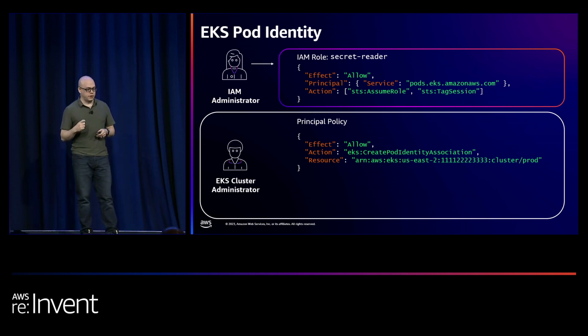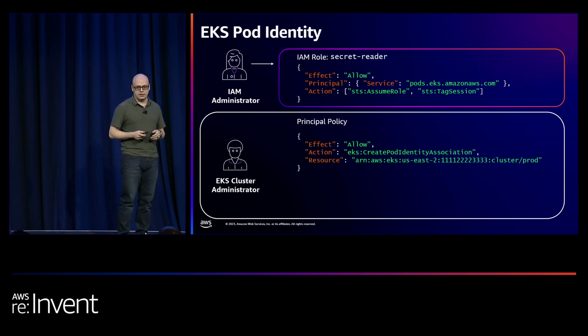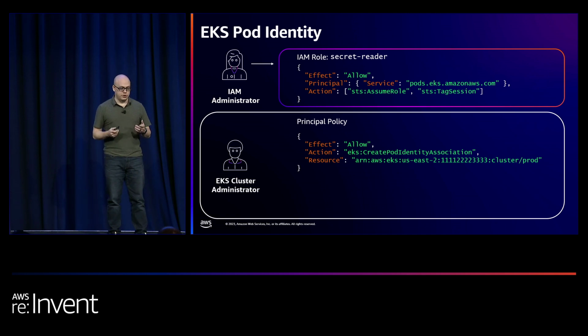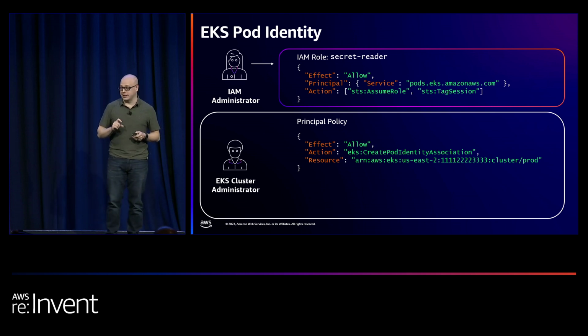And so in this secret reader role, in order to use that role, you might have a cluster administrator, and you might give them permission to say, okay, I can create these pod identity associations. But that's not it. I can't just give my cluster administrator create pod identity association.